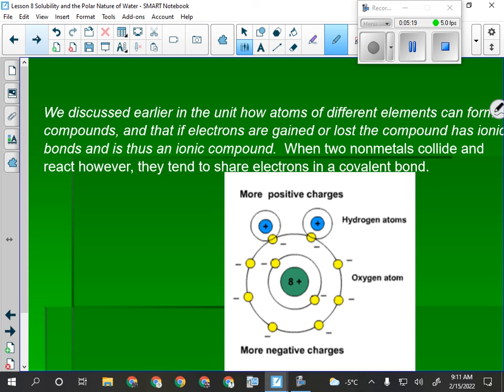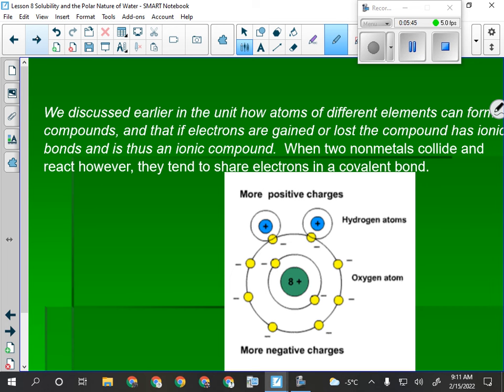So the reason that water does these things is because of its molecular structure. We all know that water has 2 hydrogen atoms and 1 oxygen atom in it. What we don't realize about that is what happens with the electrons. All atoms have a different ability to attract and hold on to electrons.